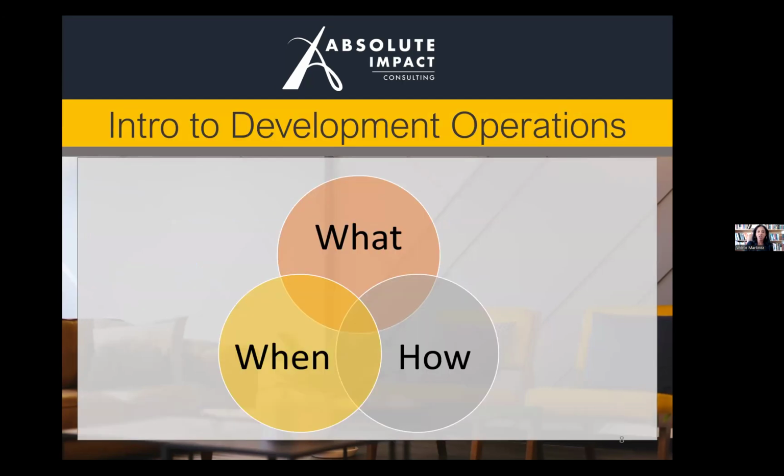And we focused on the what, the how, and the when, versus focusing on the positionality of the role that we're talking about. Because when we focus on the person's position, we tend to think about the person that's in the role right now.